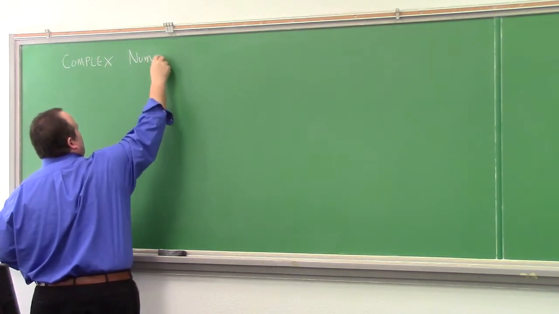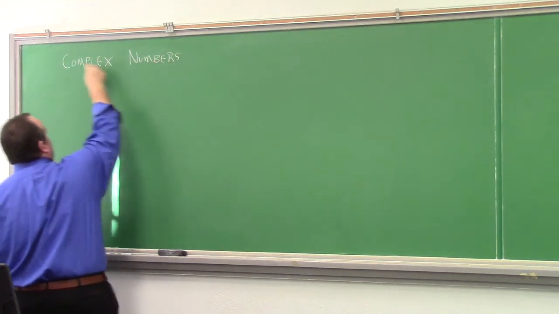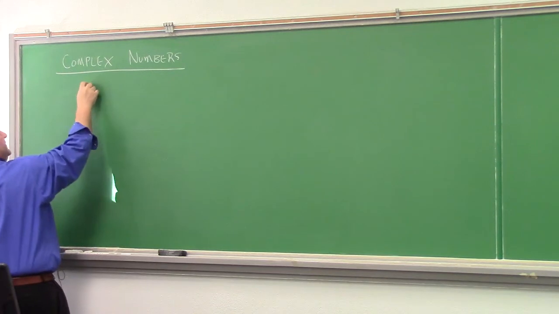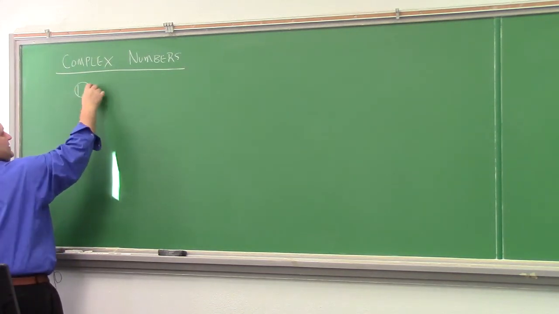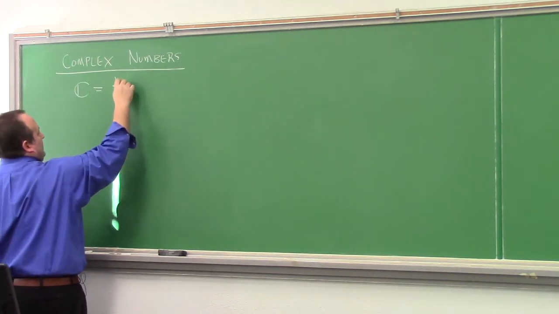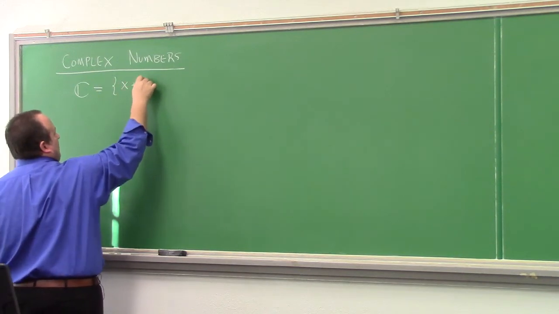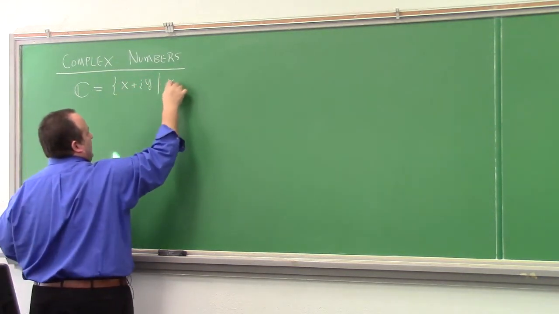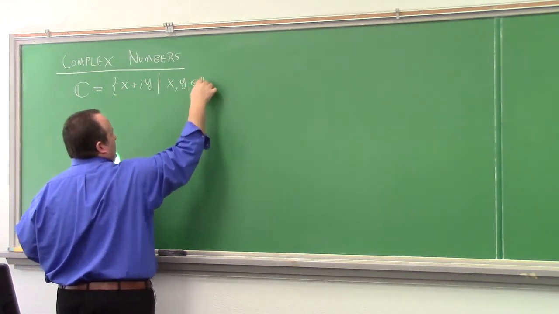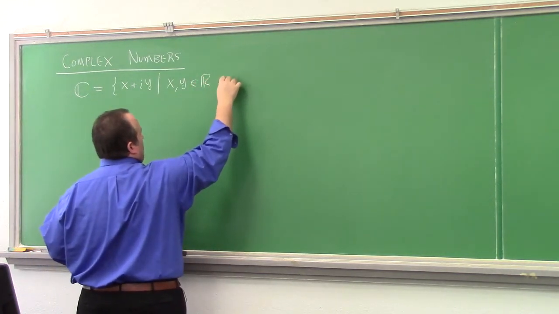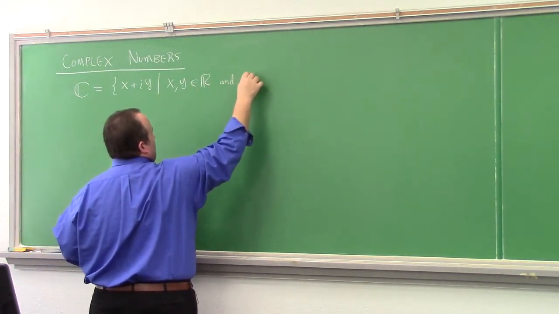So what are complex numbers? What are their properties? How should we think about them? So we're going to say the complex numbers are a set of the form x plus iy, such that x and y are real numbers, and i squared is equal to -1.